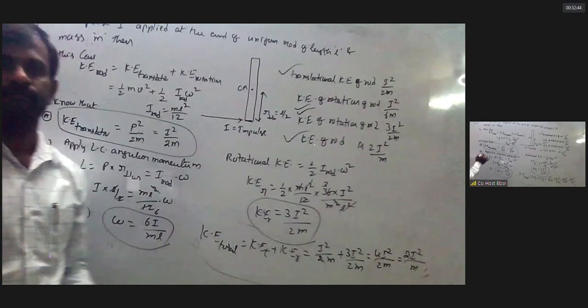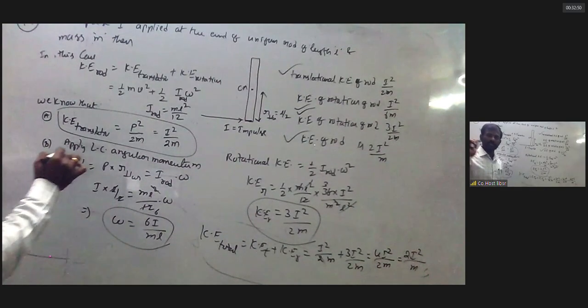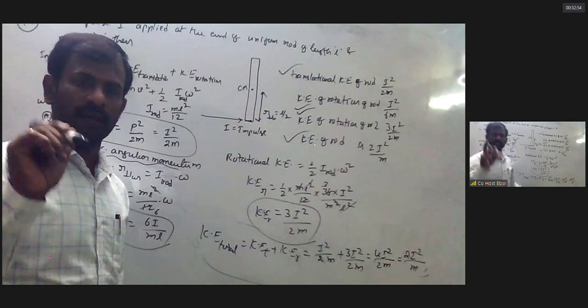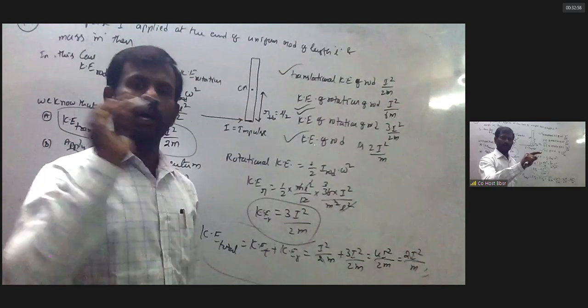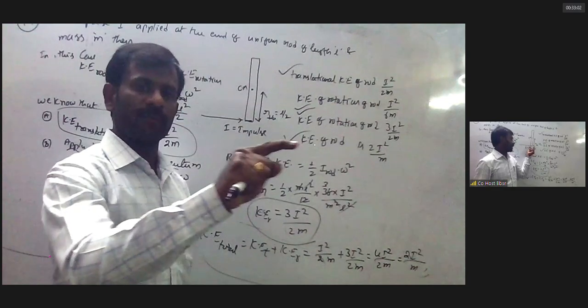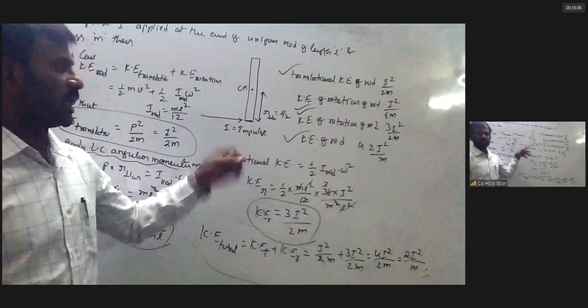Two points. Why conservation of angular momentum? Because we are giving impulse. Impulse means nothing but a change in momentum by using some external bullet or rod, or you apply force. Newton's law is applicable between these two, that is internal forces. There is no external force.